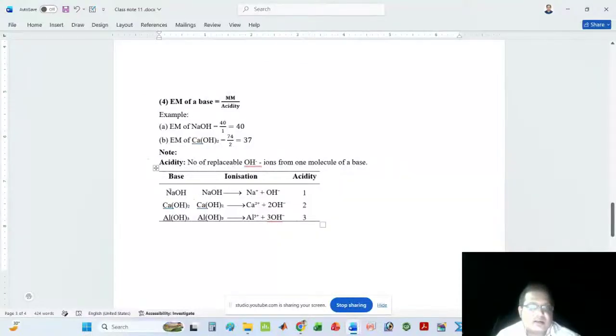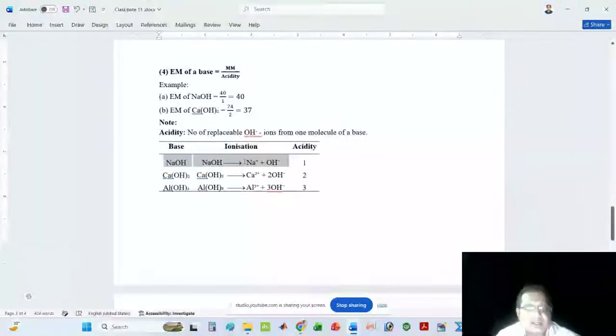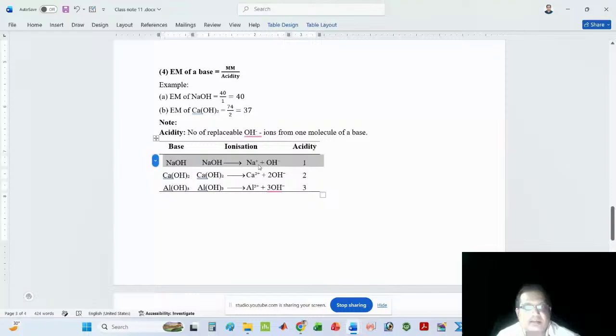If I think about different types of base, in the case of sodium hydroxide, this is the ionization: NaOH gives Na plus and OH minus. Here one OH minus is removed, so the acidity is 1. But for calcium hydroxide, when it undergoes dissociation, it gives Ca2 plus and 2OH minus.